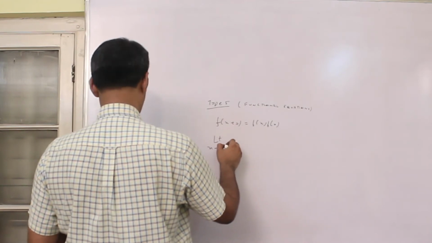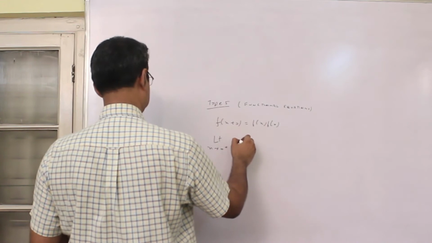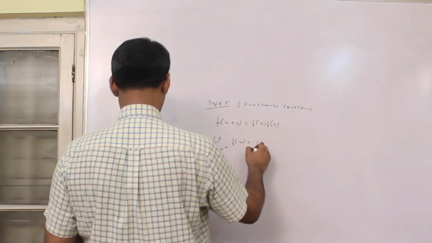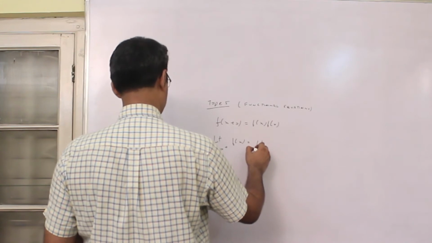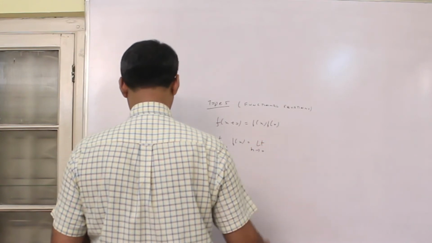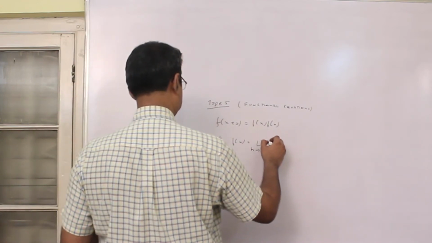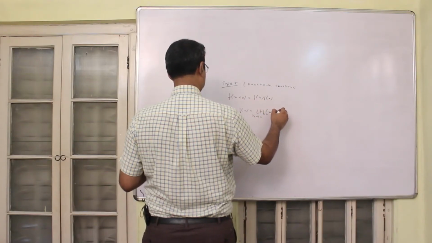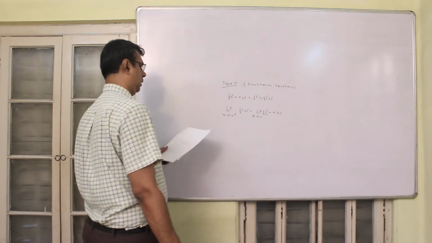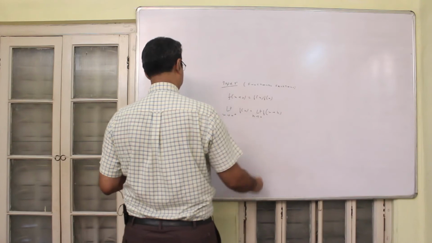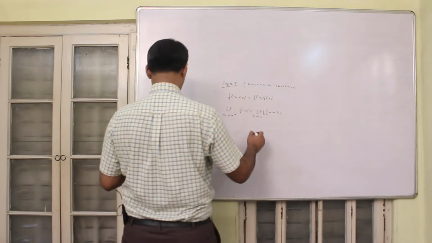So if you are trying to find the right hand limit at x equal to 0, so let us take a small positive constant h. So we can write limit of f(x) like this.